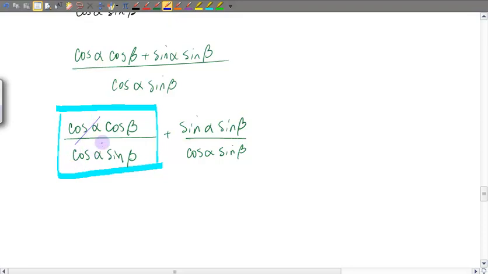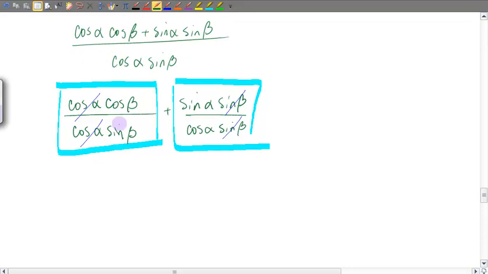So this cosine and this cosine of alpha cancel. And I can apply that same concept over here where those are similar, so I can cancel them. That leaves me with just cosine of beta over sine beta plus sine alpha over cosine alpha. In other words, I have cosine and sine with the same angle on one side, and sine and cosine with the same angle on the other.